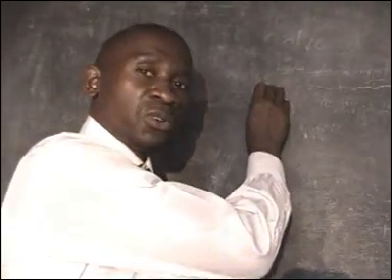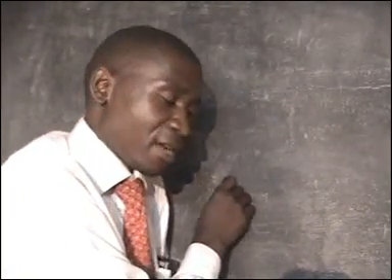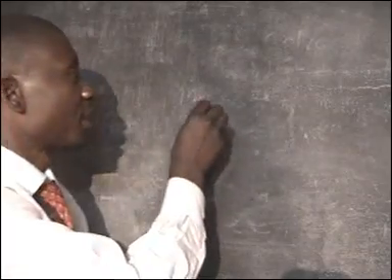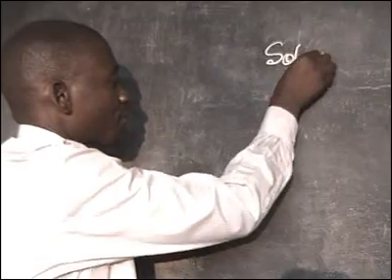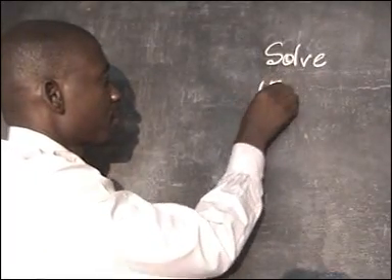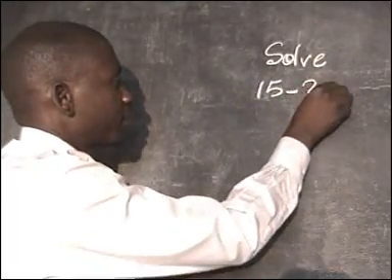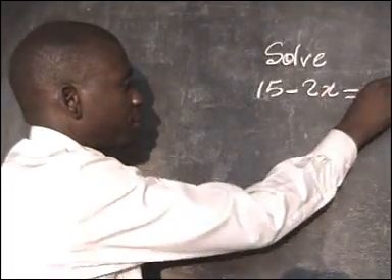first example. And this is under the word solve. To solve simply means to work out simply by calculating. So solve: A, 15 minus 2x equals 7.